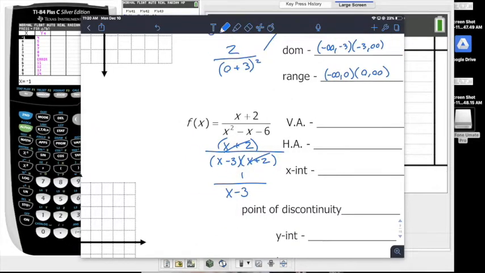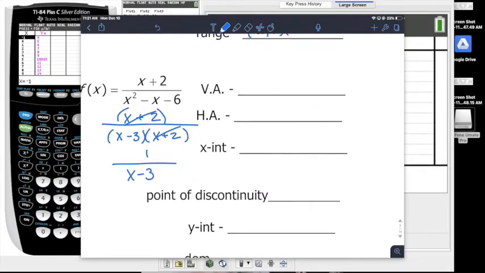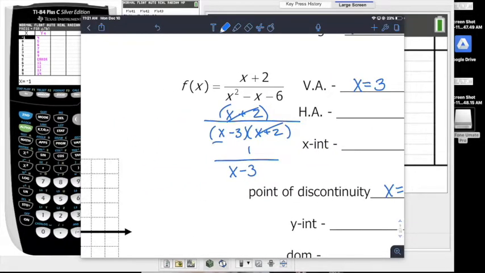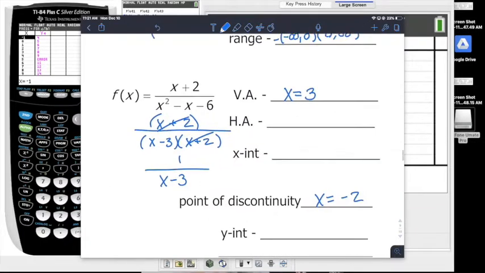But then you have a point of discontinuity. That point of discontinuity this time is at x equals 3. The actual asymptote for this graph here is going to be at, or I'm sorry, here I said the wrong thing. The point of discontinuity is actually at x equals -2. The vertical asymptote is at x equals positive 3. That's just because it's set in your denominator equal to 0.